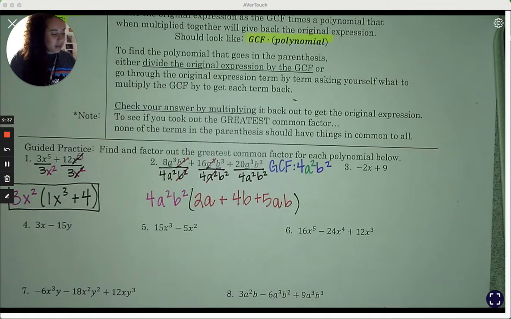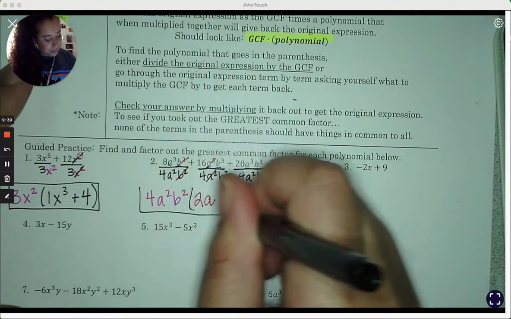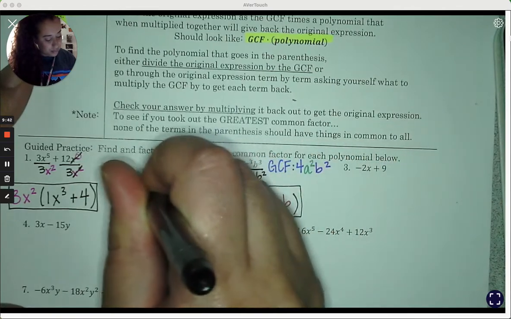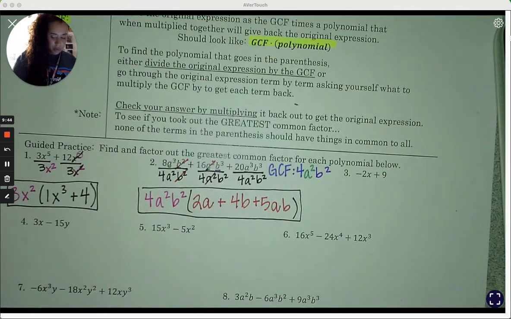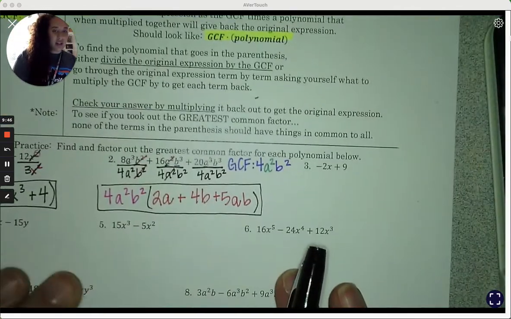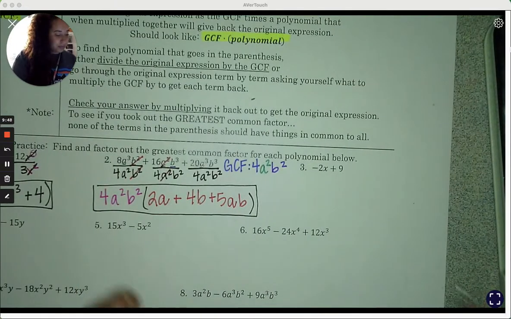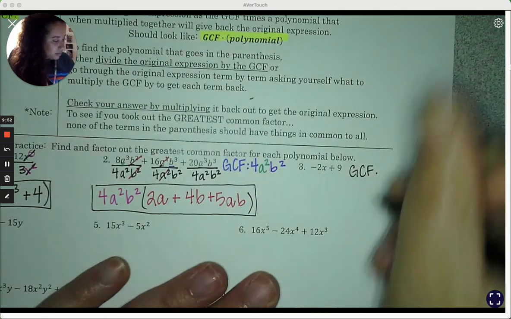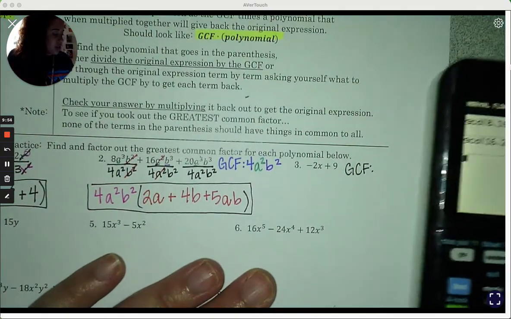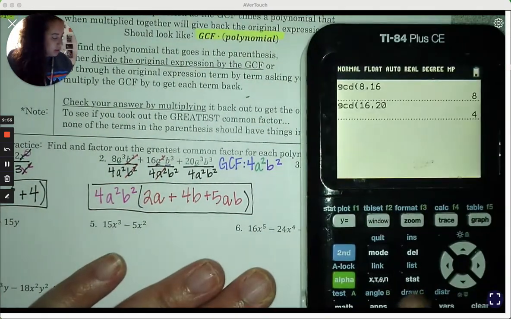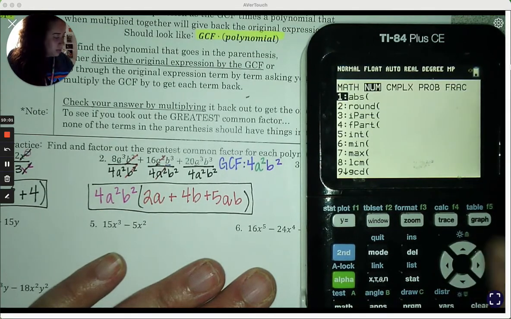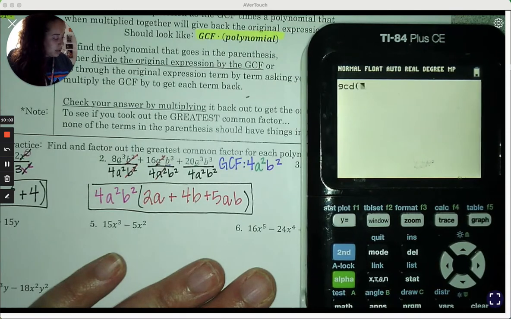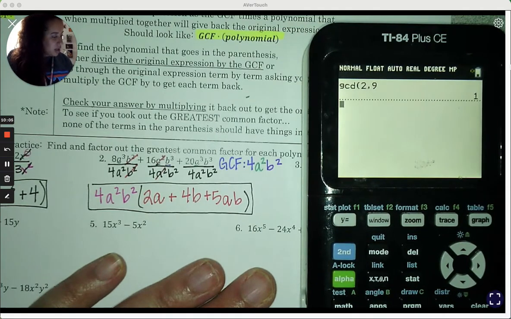So let's look at number 3. If we're trying to find our greatest common factor for number 3, even if you're unsure, you can use the math function, and I do 2 comma 9, which gives 1.